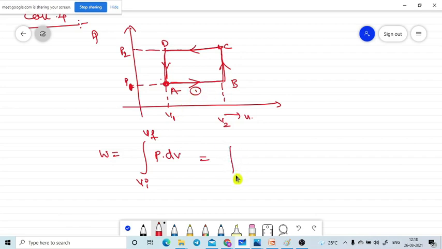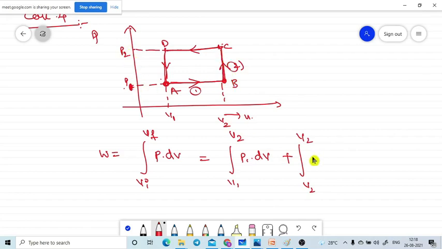Integral from where to where is it going? V1 to V2, the pressure is equal to P1, into dV, plus the integral from V2 to V2 only. It is the second graph I am applying here, where the pressure is moving from P1 to P2.